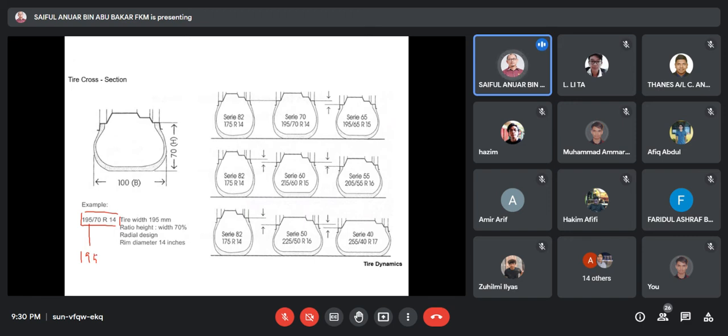It's already mentioned there in mm, the unit of tire width, and then this one is the tire wall thickness. Thickness meaning a percentage of the tire width.